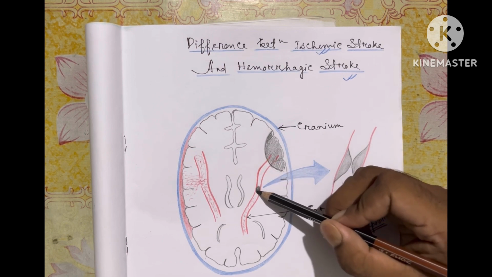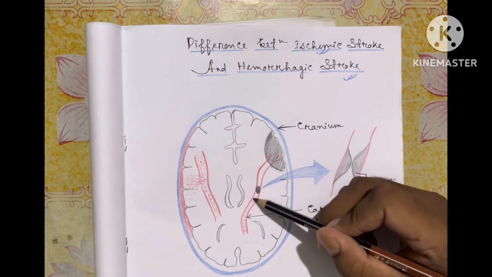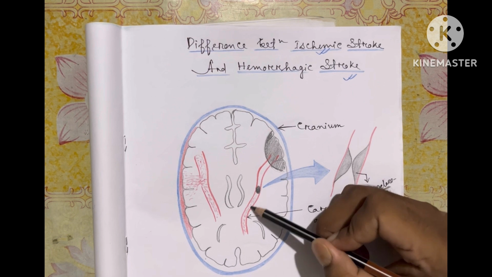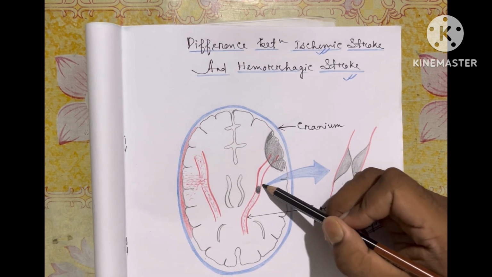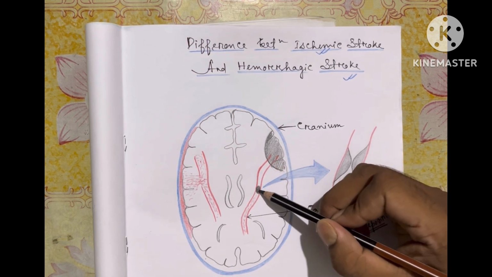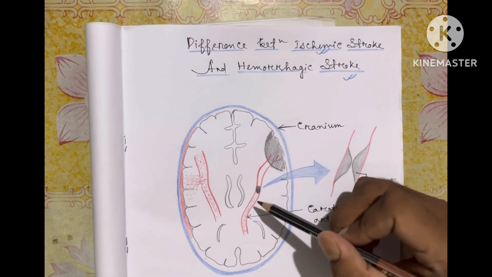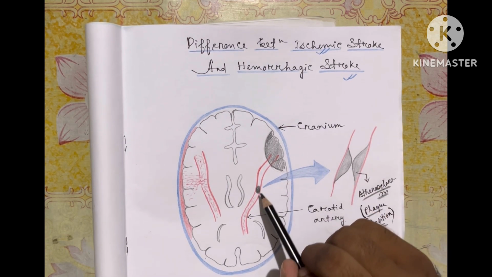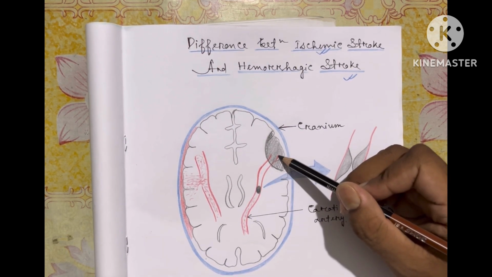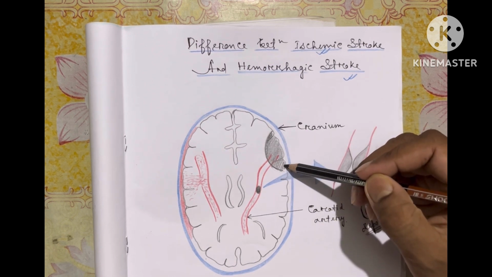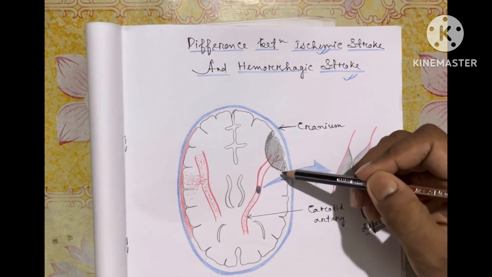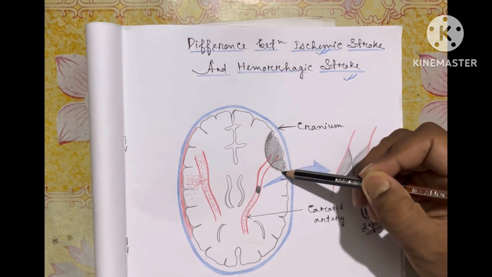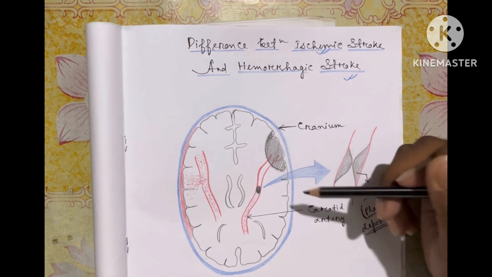So if there is a blockage found over here, then our blood, oxygen and nutrition cannot cross that blockage, and because of that blockage, blood oxygen will not be allowed to go in the forward direction to supply nutrition to this region. So slowly ischemia will occur.